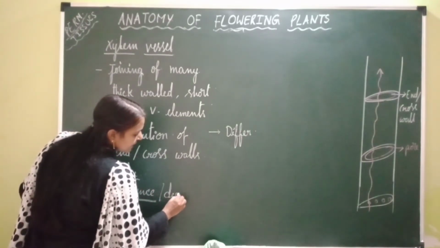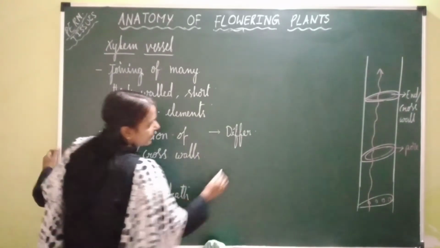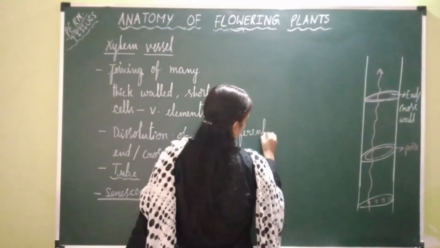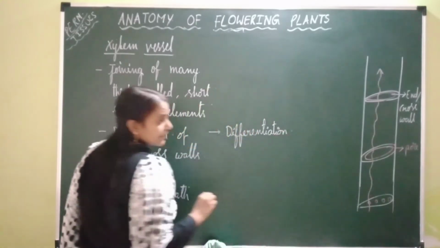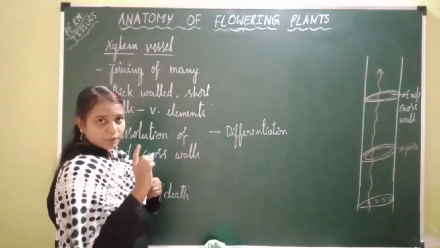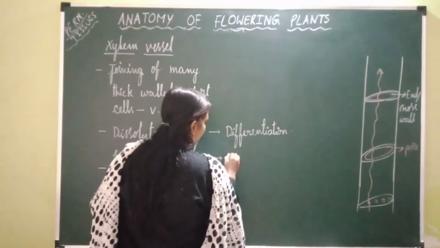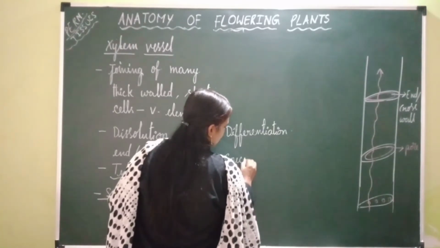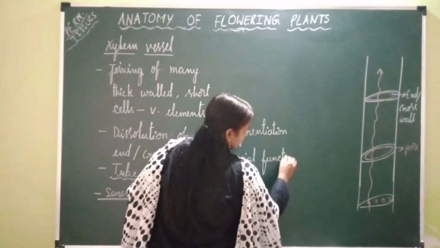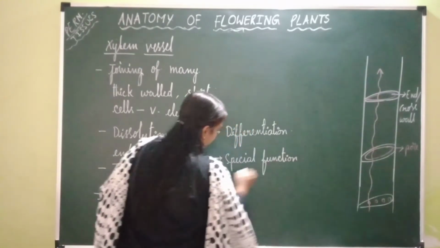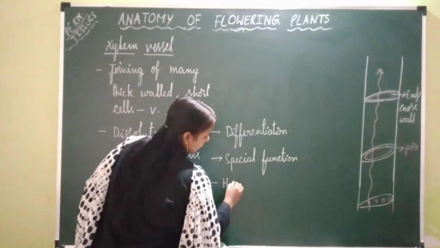This senescence is taking place during differentiation, that is at maturity. Why is this senescence taking place during differentiation? To perform a special or specific function, right? So what is that specific function performed by this vessel? Water conduction.